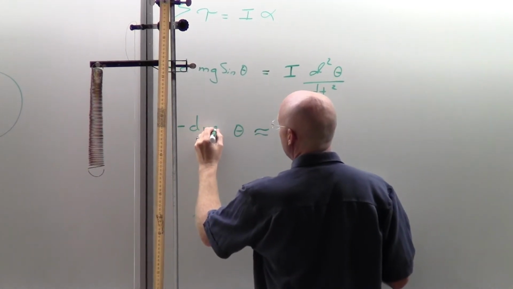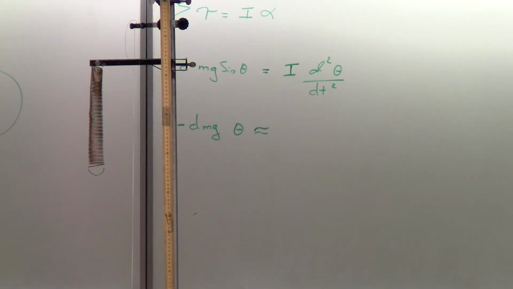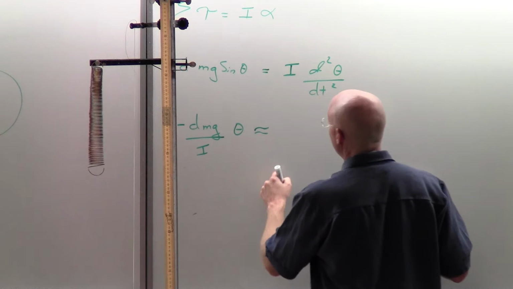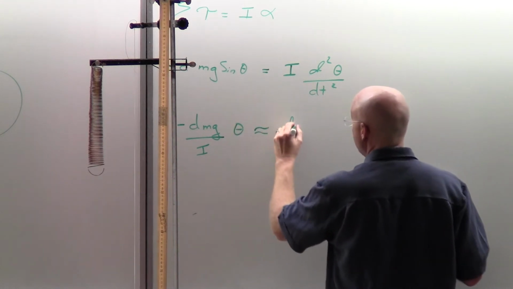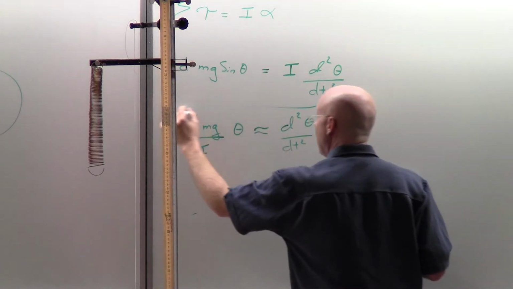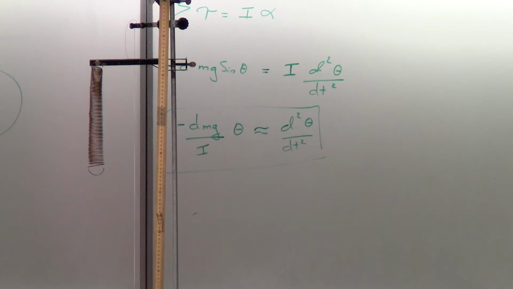As long as we're willing to keep it under 30 degrees, we're only looking at about a 4.2% error here. So I'm going to move the I over here, make the approximation for theta, and I have an equation that I'll put a box around, but doesn't that look like this equation?